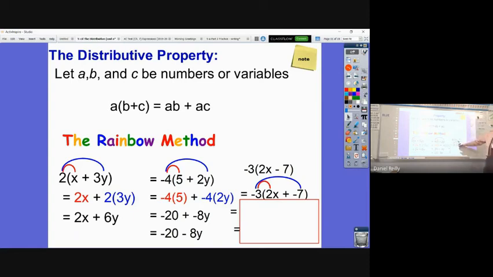Okay, be careful with subtractions. Subtraction inside the parentheses means you can just do subtraction of your two multiplications when you do the distributive property. But if there's a minus in the front, this can be really ugly and easy to make mistakes. So I'm going to tell you to change subtractions to adding the opposite.